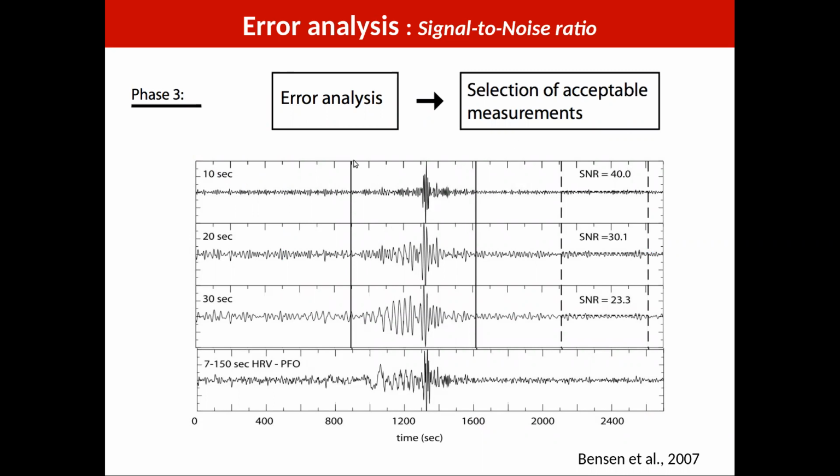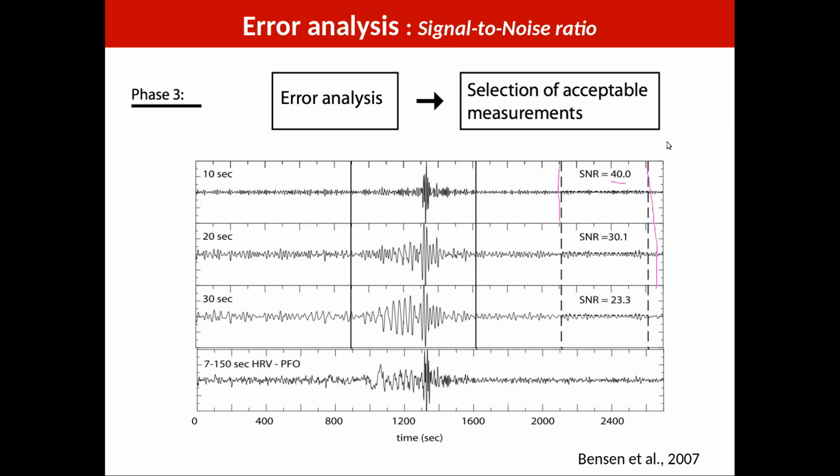So we take some signal window, and then we take some noise window that's after the signal, and then we find the amplitude ratio of the signal window against the noise window, and then we find some SNR values. And in practice, the higher this value, the more pronounced your surface wave signal.